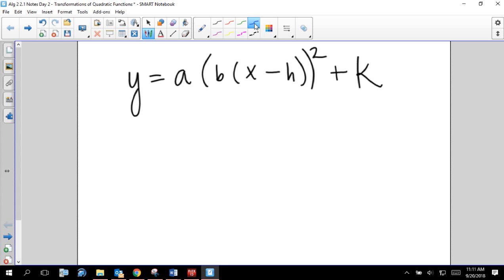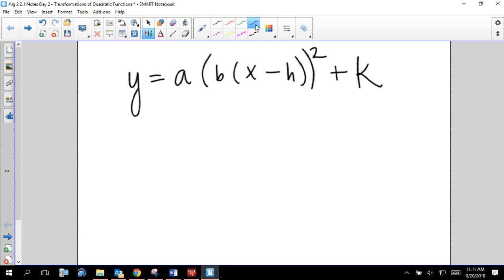You see how I have an extra set of parentheses where the x minus h is by itself and then the B is by itself. If it doesn't look like this, you have to make the equation look like this. I'll write that down in a moment. I'm telling you that now because I put that in your homework, and if you're working ahead on your homework and you didn't know this, you're going to get one wrong. So that B has to be outside of parentheses.